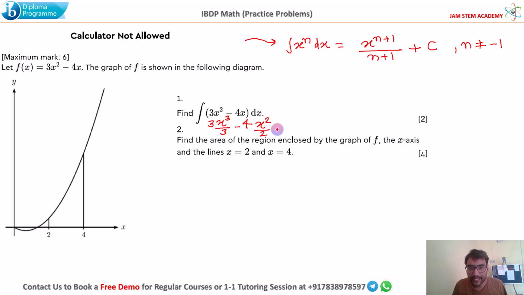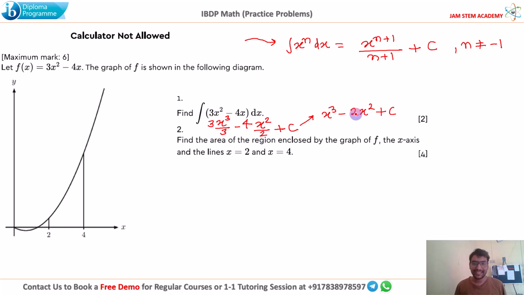Now you have to add a constant of integration also, because it is indefinite integral. So overall my answer to the first part is 3 and 3 cancelled. Okay, we get x raised to the power 3 minus 2x squared plus c. Okay, that is indefinite integral, or the answer to the first part.